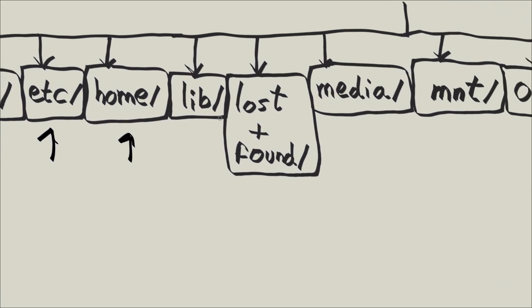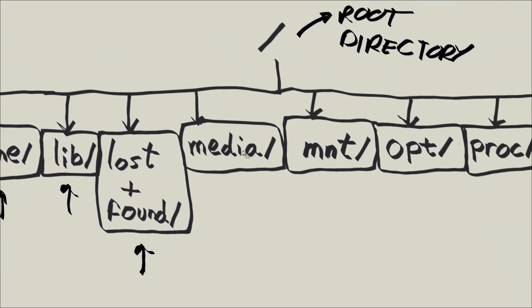Then we have the lib directory. The lib directory contains files needed to successfully run some programs, and those files are also known as libraries. We are going to talk about them later on as well. Lost+found contains damaged files that were recovered by a disk recovery tool, and this shouldn't concern you unless you really mess something up.